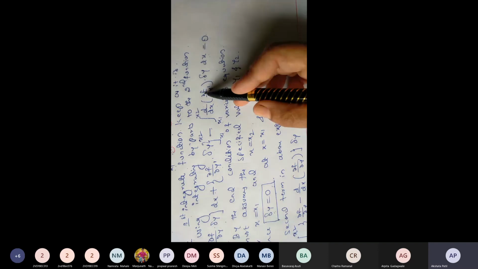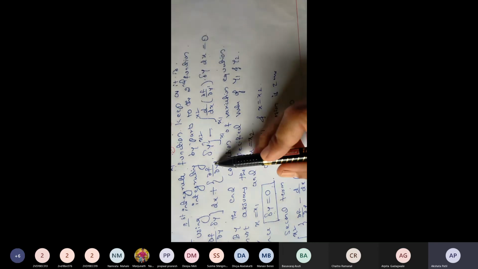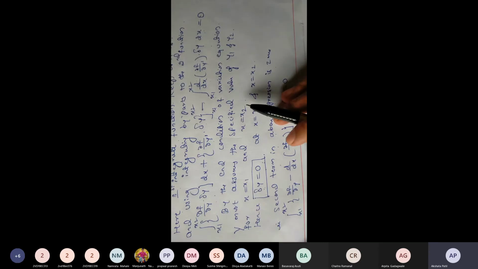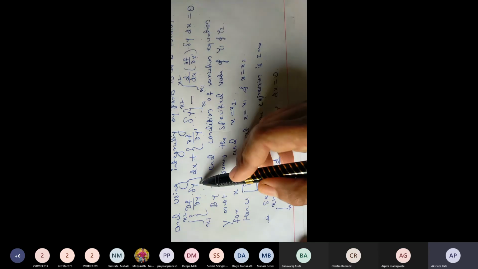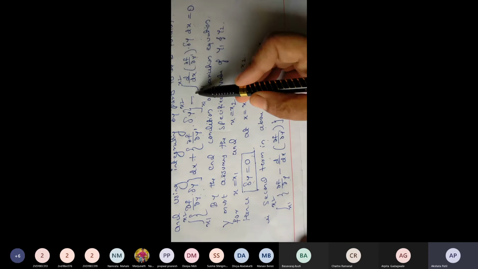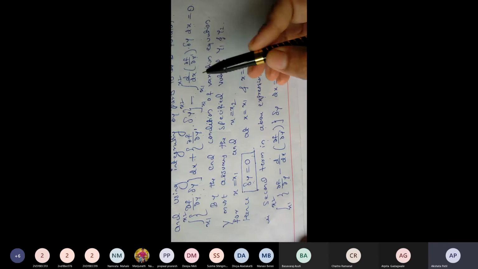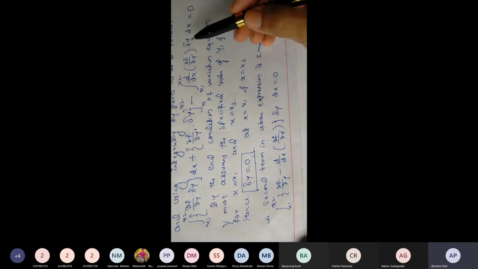The second term in the above expression is 0, so here we can write only ∂f/∂y. This δy we take common outside: ∂f/∂y minus d/dx of ∂f/∂y', again taking δy common, into dx, which is equal to 0.